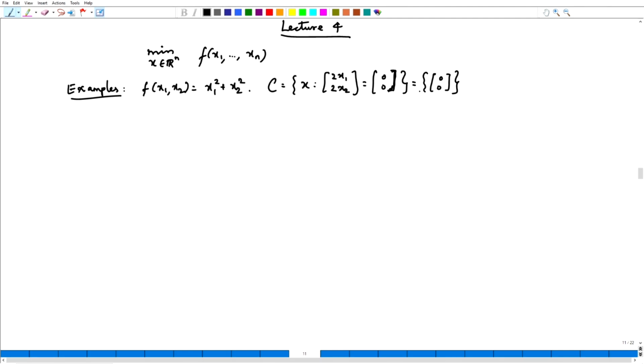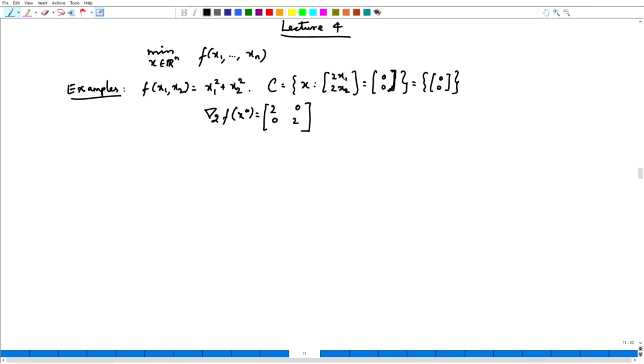Okay. Now, we find the Hessian matrix. So, the Hessian at this critical point 0, 0. Let me first write it as x star and then substitute 0, 0 later. So, this is [2 0; 0 2].